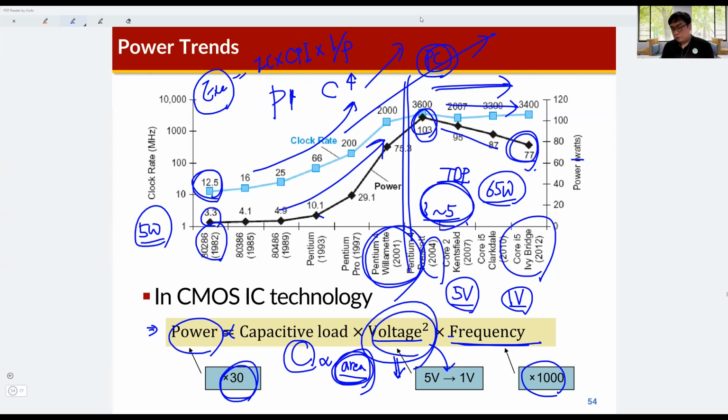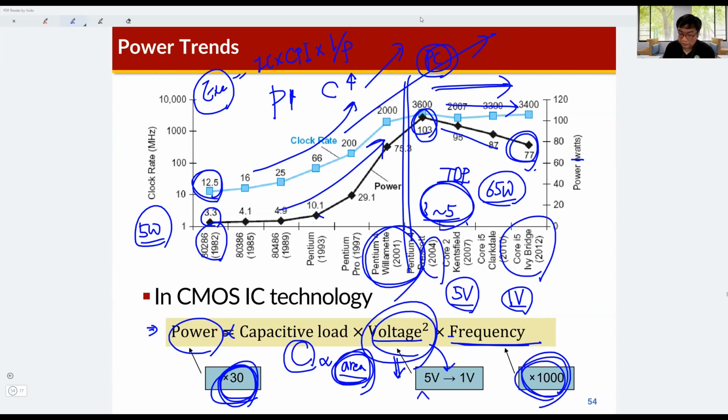So performance is usually proportional to the clock frequency of the CPU, not always. So the frequency is increased by 1,000 times. That means the performance is increased 1,000 times, but the power is just increased by 30 times. Why?